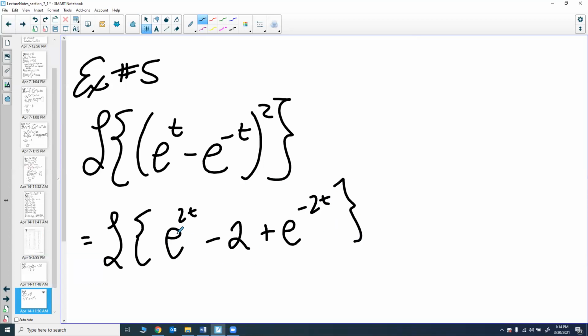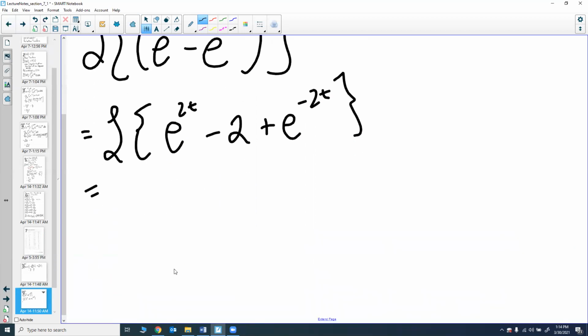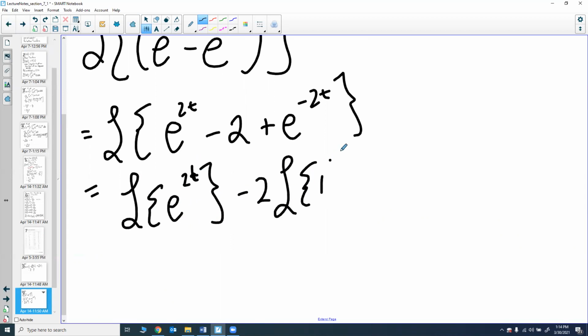So the first thing I had to do was multiply that all out. Then this is the Laplace transform of a linear combination, which means it's the linear combination of the Laplace transforms. So it's the Laplace of e to the 2t minus 2 times the Laplace of 1 plus the Laplace of e to the minus 2t.